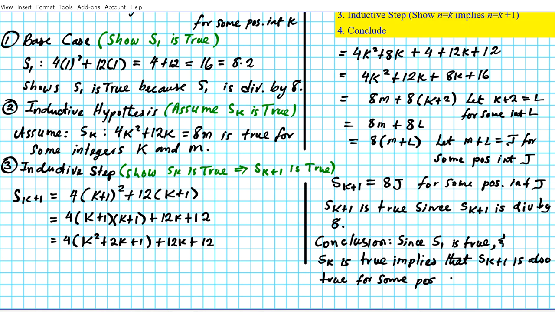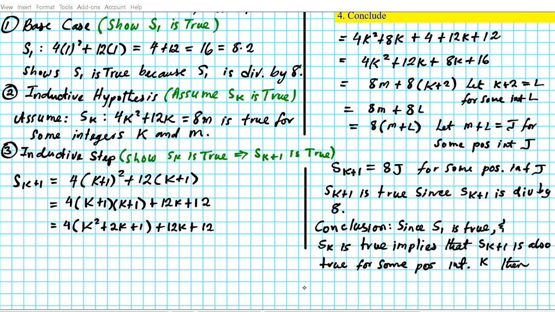For some positive integer k, then what? Then the statement 4n squared plus 12n is divisible by 8 is true for all positive integers.